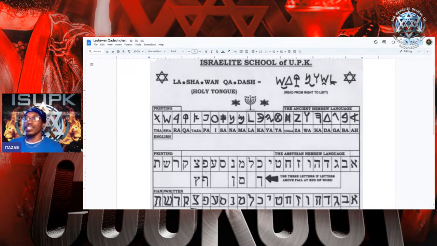This is the way that the Hebrew is pronounced. For instance, my name is I tazab. On the chart, you see the I, the tazah, not the ta and then the za.